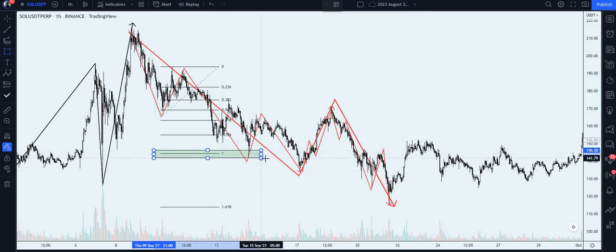Well, we got a perfect 1-to-1 extension target on the way down, with our 5th and final wave here of this overall A wave here of the ABC structure down to complete this correction of the major wave 5 structure impulse. Okay, so that's where it is, guys.